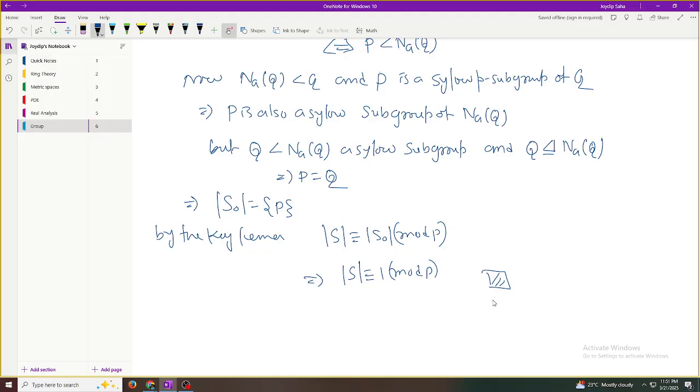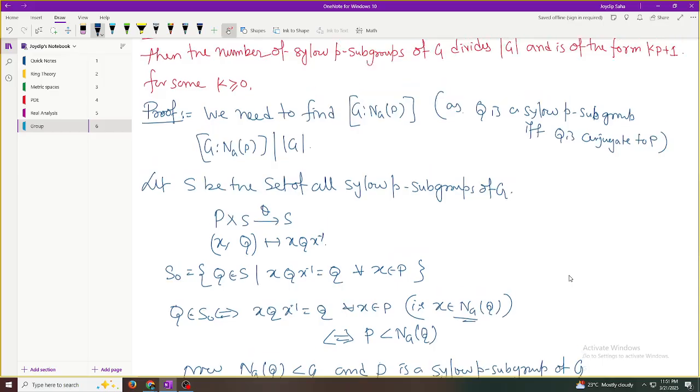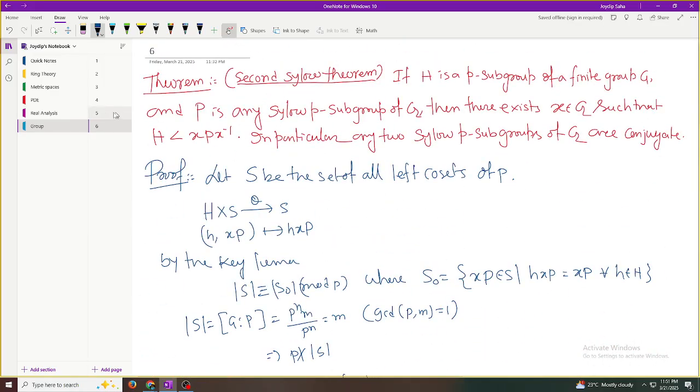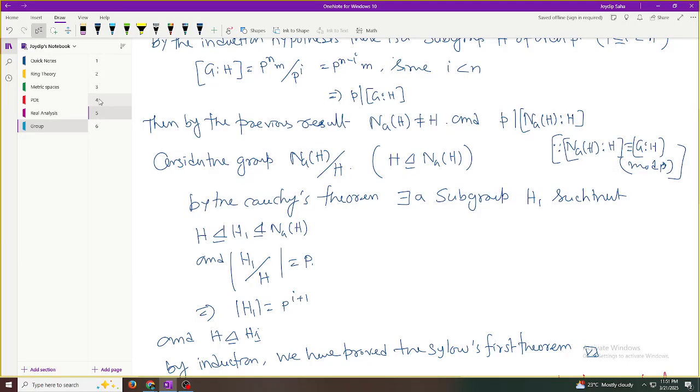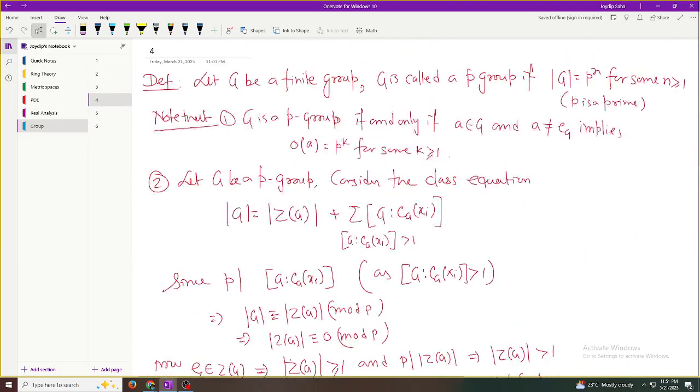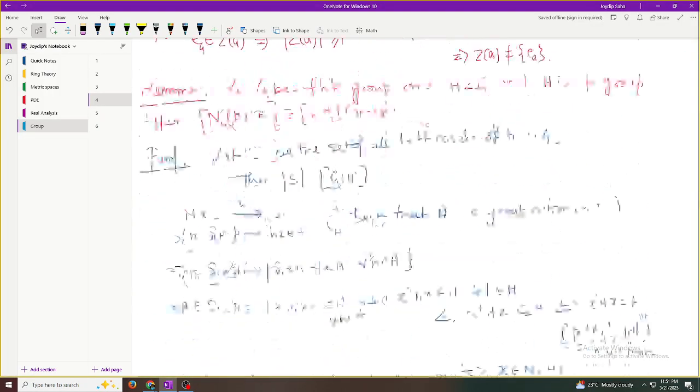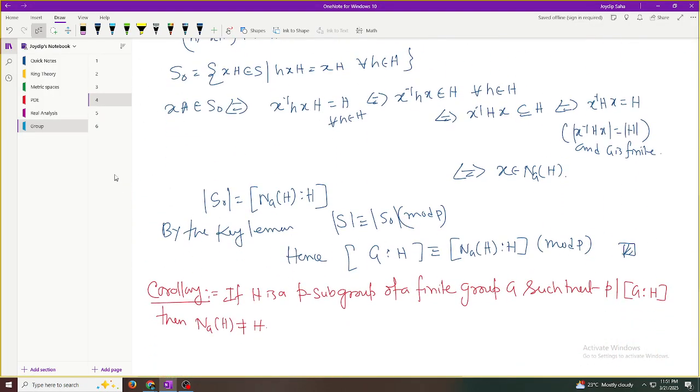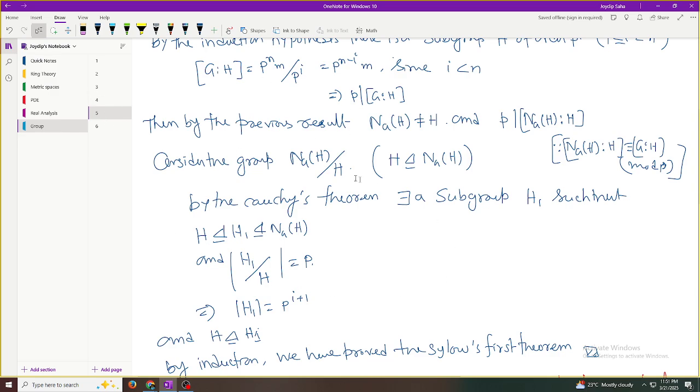So I finish the Sylow's third theorem. Next day I will do some problems of proof theory, or some classification problems, some standard problems. Okay, if you have any question, please ask me. The main tool is group action here. Okay, you have to understand the technique, which group action you have to take in a particular problem.